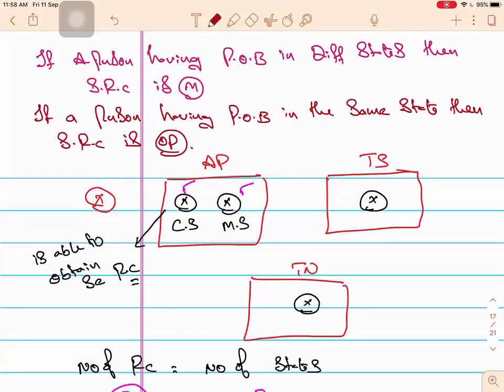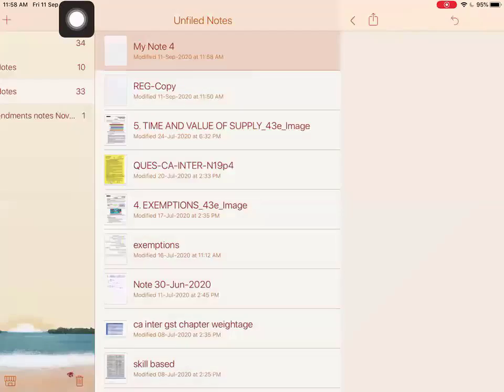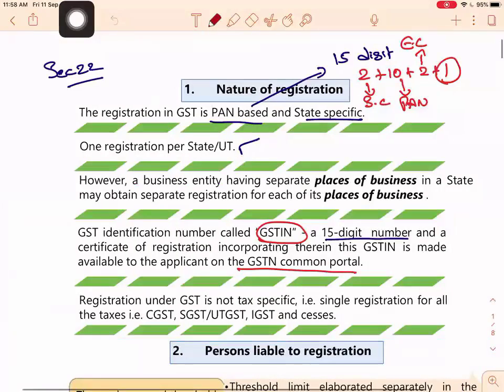This is with respect to the point I am telling you. So that's why registration under GST is state specific. That was the thing I am telling you. This was the first point I'm talking about. The registration in GST is PAN based and state specific, with one registration per state or UT.